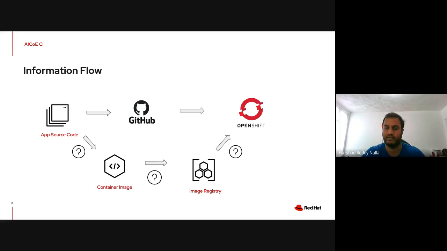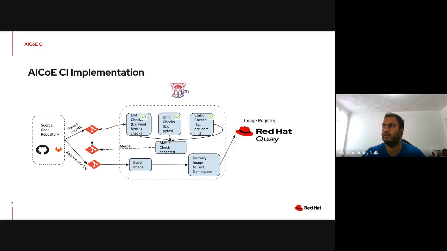They used to containerize the image by themselves, push it to an image registry, and from there, when they deploy it, they used to pull that. But as you can see, the lower half of it can be automated, as I explained, with the CI/CD. So we decided to create that half of it, and that's where the AICoE CI comes in.